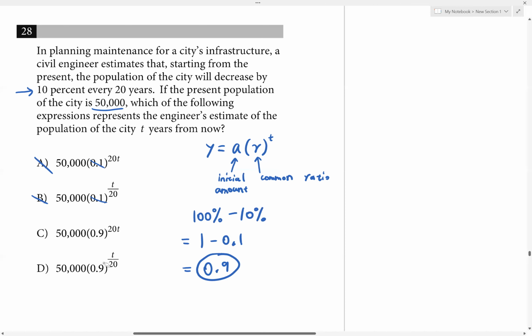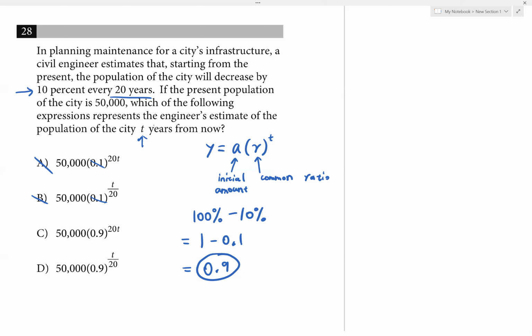Well, now we have to look at the exponent. Usually it will just be t and the exponent represents the amount of time, but this one is a little bit different because the population doesn't decrease by 10% every year. It decreases by 10% every 20 years. So whatever t is, the number of years we have, we have to divide it by 20.